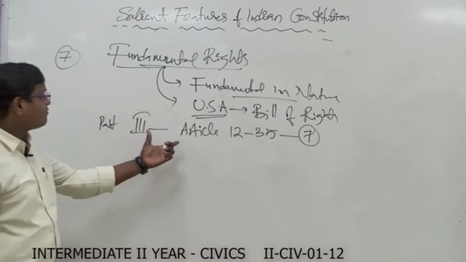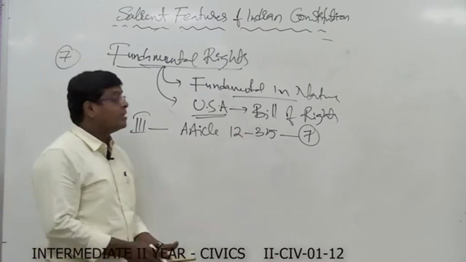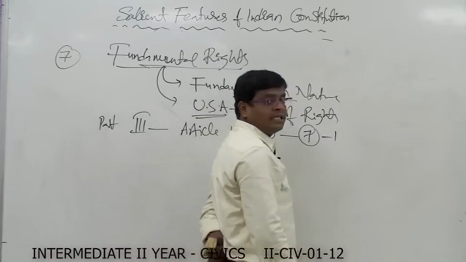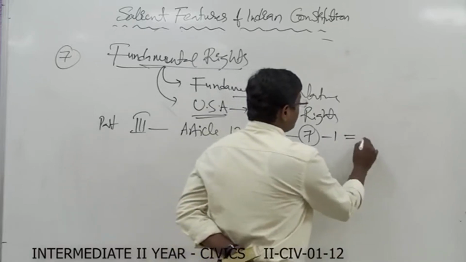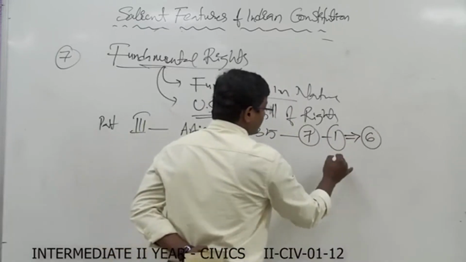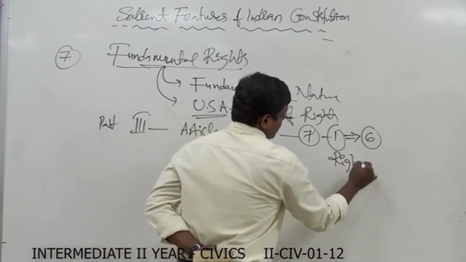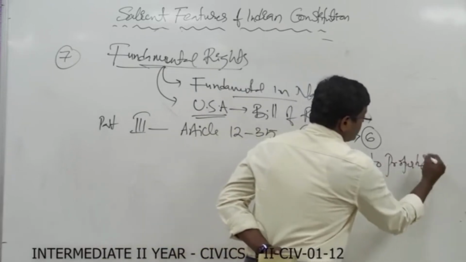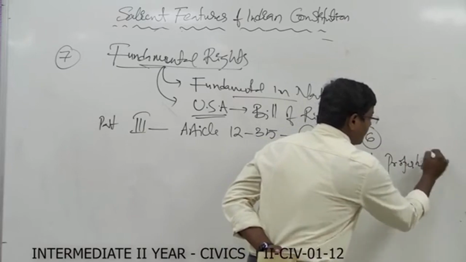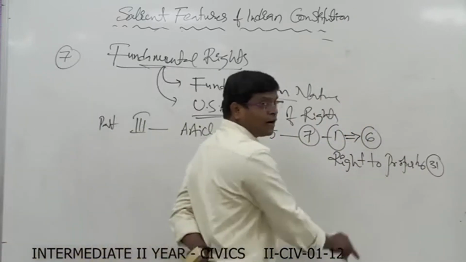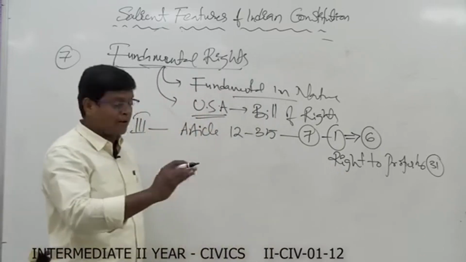Original Constitution had how many fundamental rights? 7 fundamental rights. Later on one was deleted, and now they are 6 fundamental rights. The deleted one is the right to property, which came under Article 31. Keep in mind, the right to property was deleted from the list of fundamental rights, not from the Constitution of India.